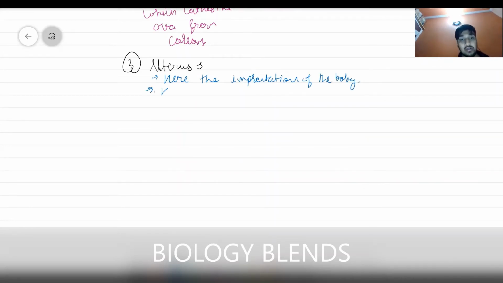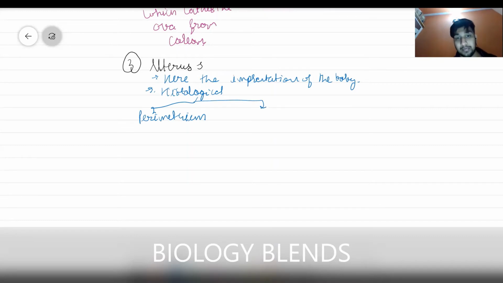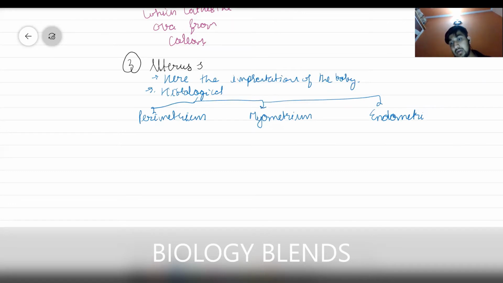A uterus histologically has three layers: perimetrium, the outer layer, dense connective tissue; myometrium, the middle muscular layer; and endometrium, the inner, highly vascular layer.